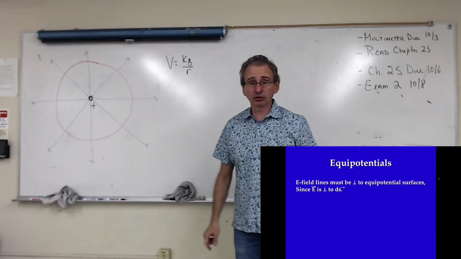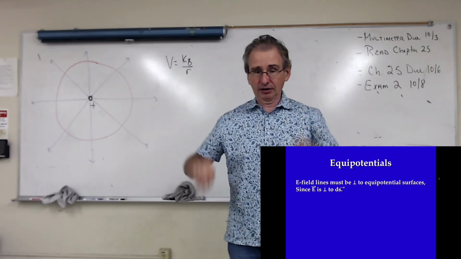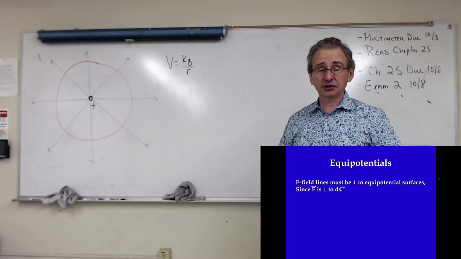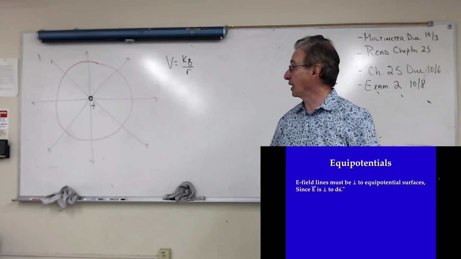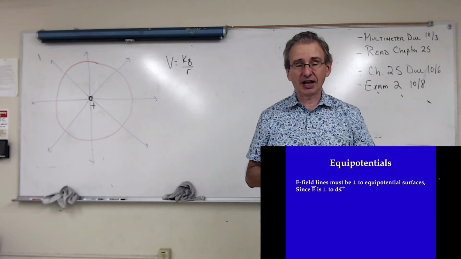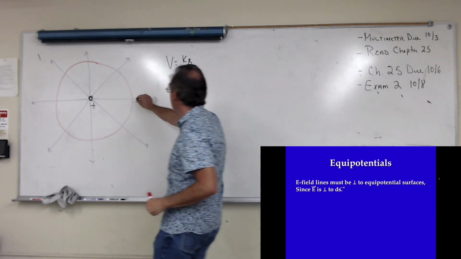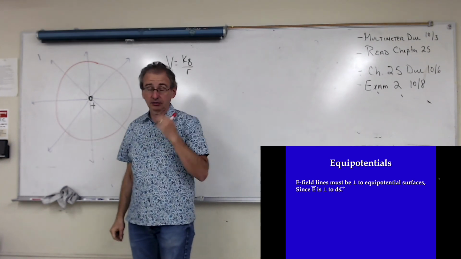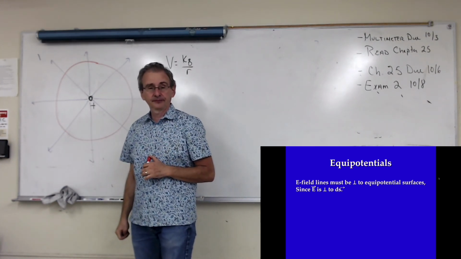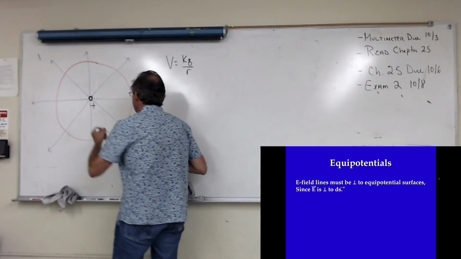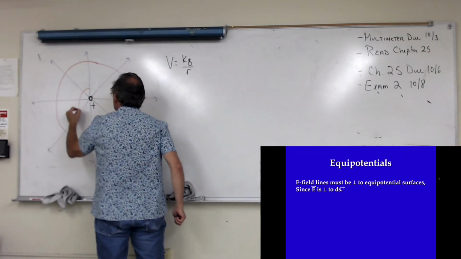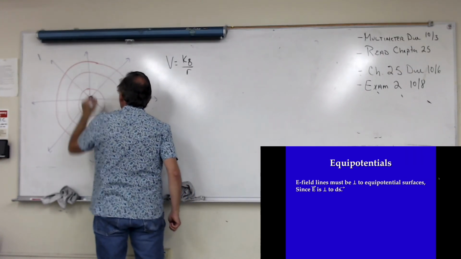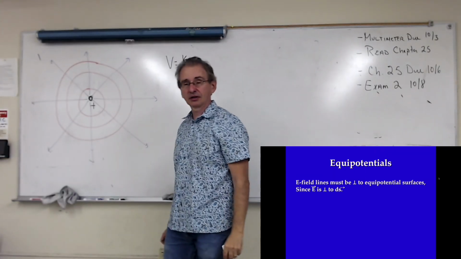That sphere I drew, okay, it's a circle, but think 3D, okay? That sphere that I drew is an equipotential surface. Anywhere along the surface of that red sphere, V is the same. So I can put a charged particle and move it around here. It requires no work. So all these spheres I draw are equipotential surfaces.